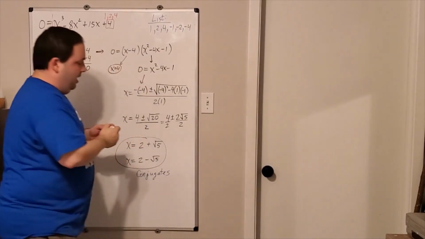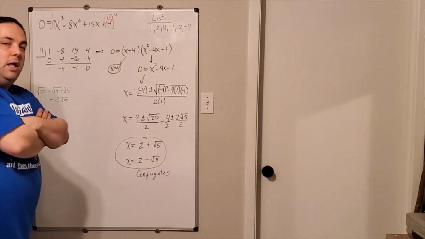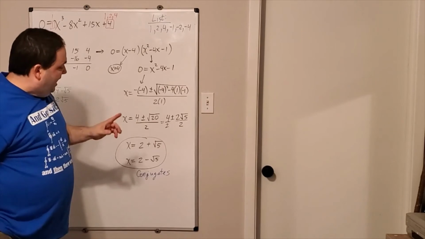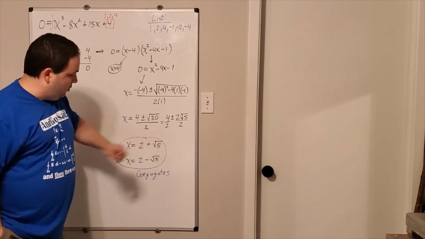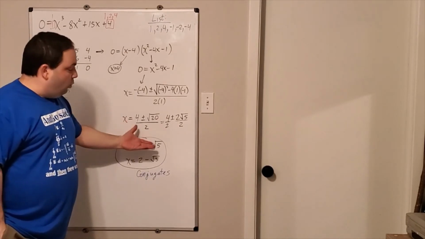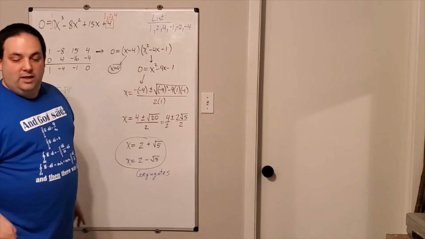Conjugates. That will always happen when you are solving the type of polynomials that we solve. If one of them is going to be irrational, like a square root of 5 or something like that, it will always have its conjugate buddy with it as another answer. Okay?